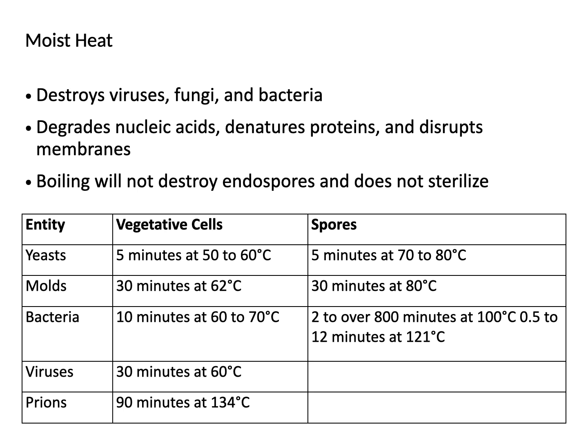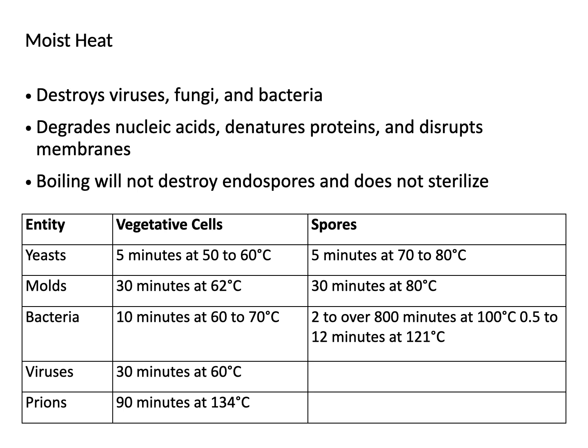So boiling tends to kill the vegetative cells so we can get disinfection, but you need a higher temperature in order to get sterilization because of those spores. Again, that's really important. With bacteria, if we can get it to 121 degrees Celsius, we only need 12 minutes. Now, standard protocol is to do 30 minutes to really make sure you kill those endospores.